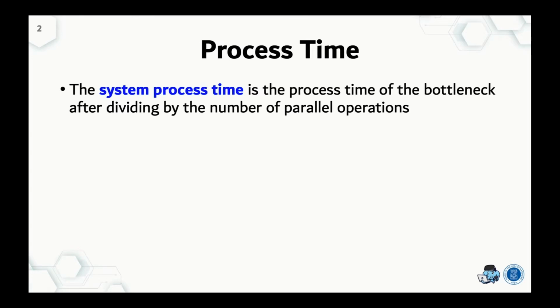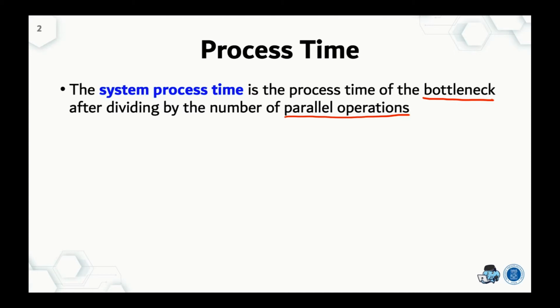The first terminology that we should know is the system process time, which is the process time of the bottleneck after dividing by the number of parallel operations. If the process time of the bottleneck is 40 minutes, for example, but there are two parallel operations, then in this case the system process time is equal to 40 divided by 2, which is 20 minutes.